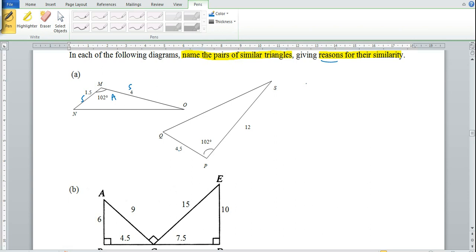Based on the first S, M corresponds to P and Q corresponds to N. So I'm going to state that MN over PQ has the ratio 1.5 over 4.5, which is 1/3, right?